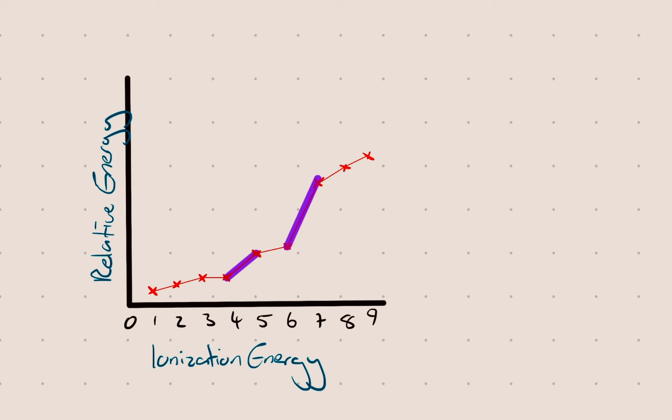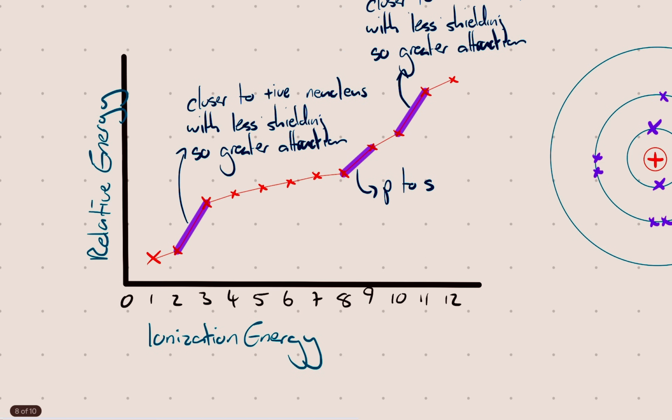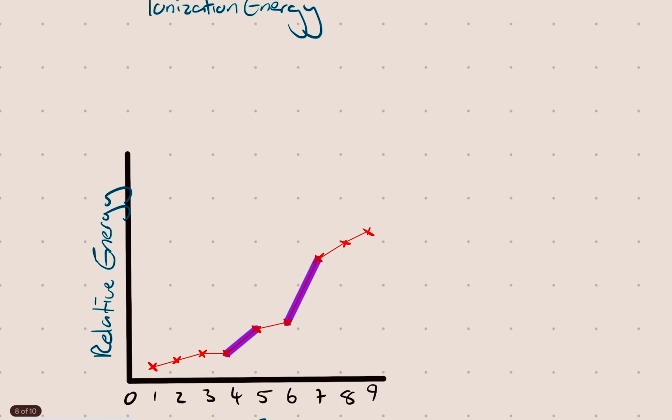Now our most common question is going to be for us to identify what group something's in. It's going to be very easy for us to make the mistake of this little jump. But again, we've seen here that our little jump is showing us where we're removing not a p electron, but an s orbital electron.